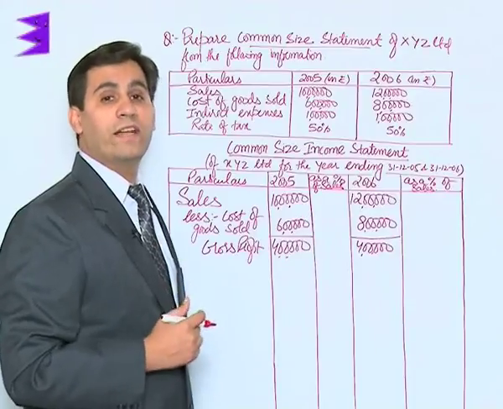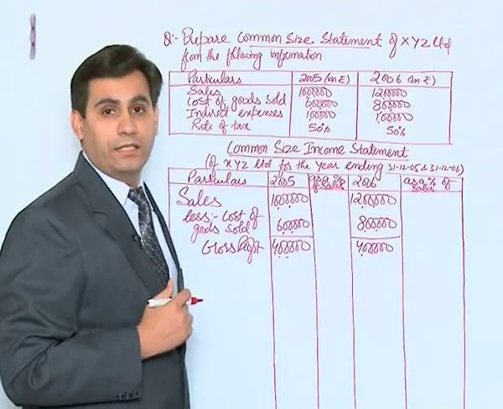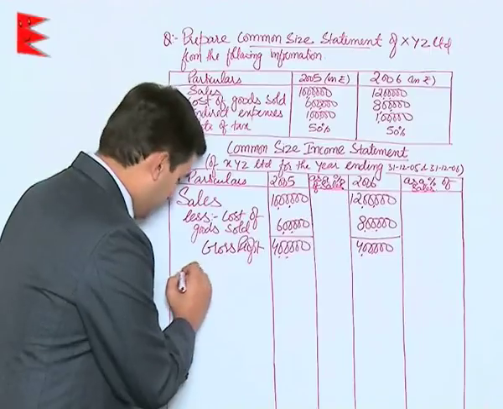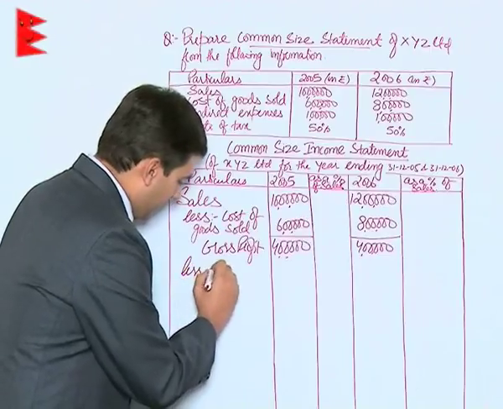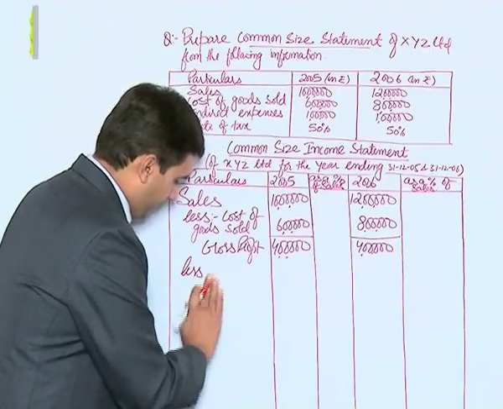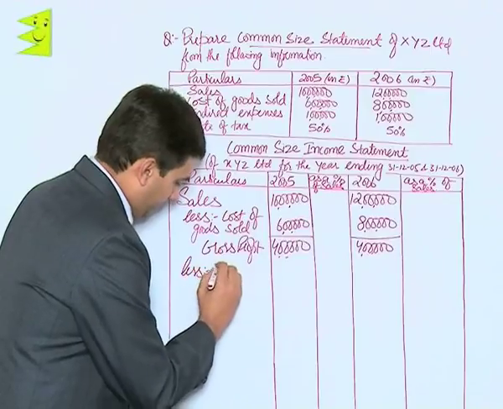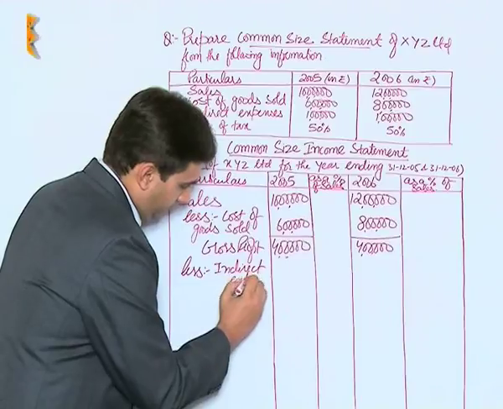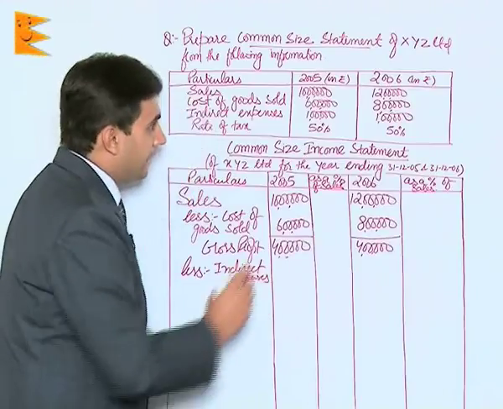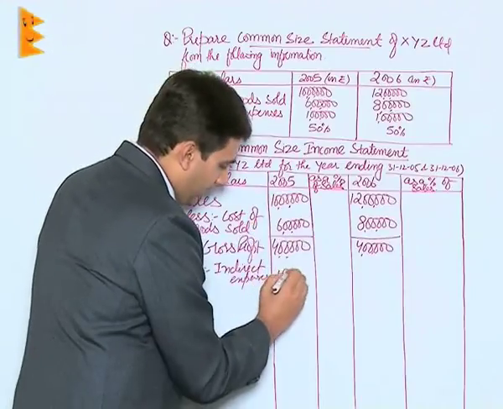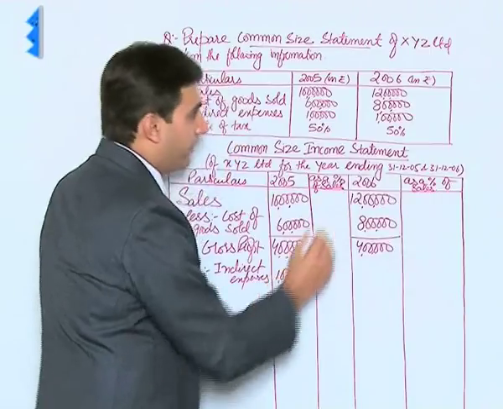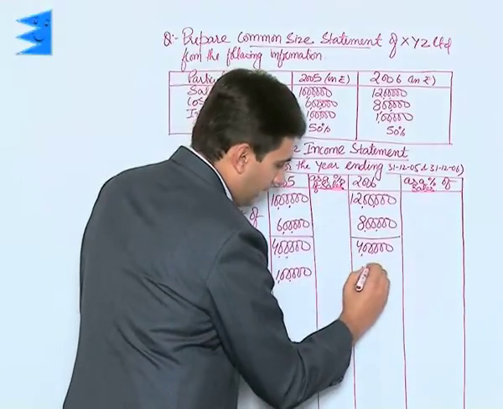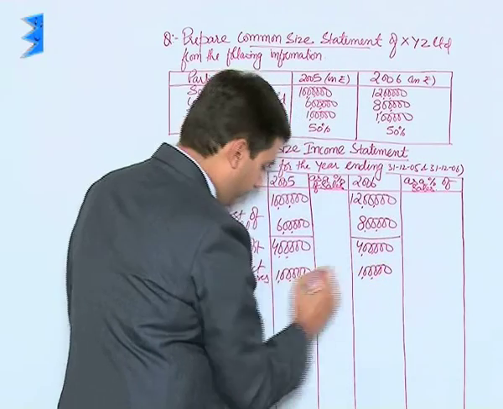They are not reflected on the goods produced directly. So less indirect expenses. Indirect expenses for the first year are rupees 1 lakh, and for the second year they are also 1 lakh. There is no change in the value for the 2 years.